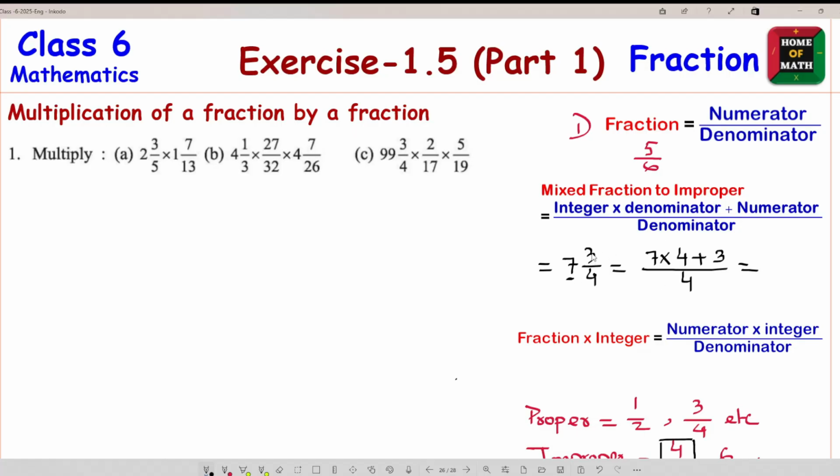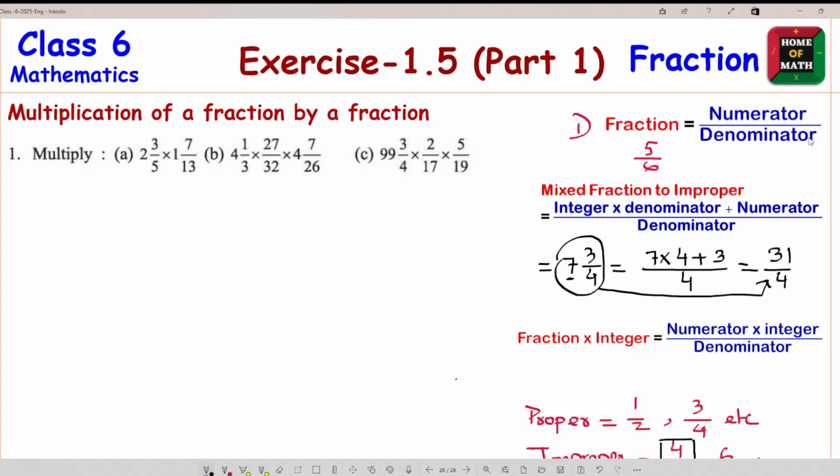So this 7 3 by 4 we can write as 7 times 4 is 28, plus 3, it means 31, divided by 4. Look, now this mixed fraction has become an improper fraction.